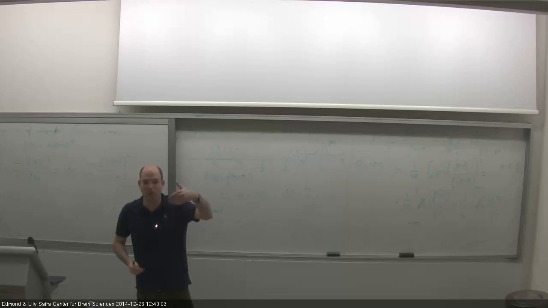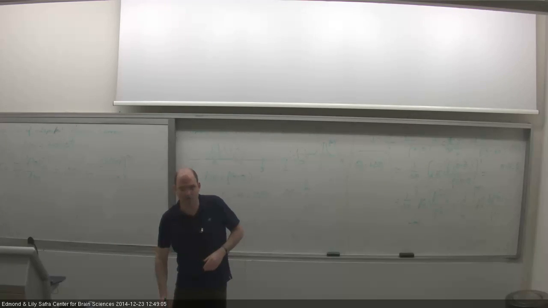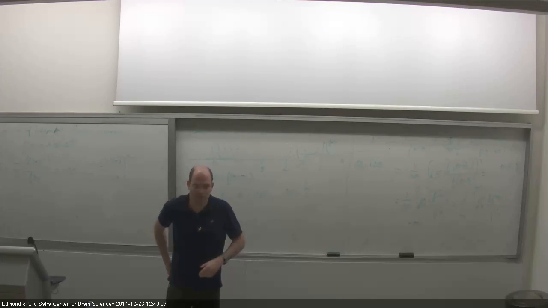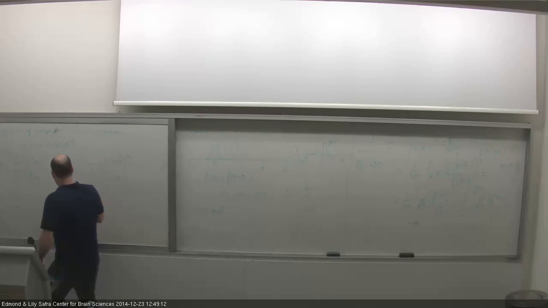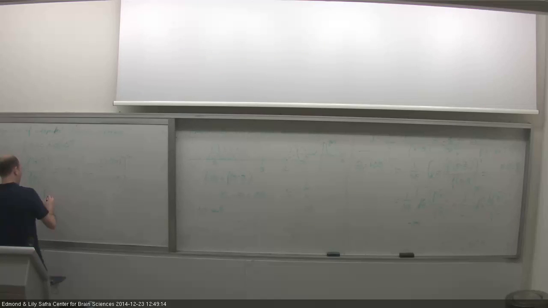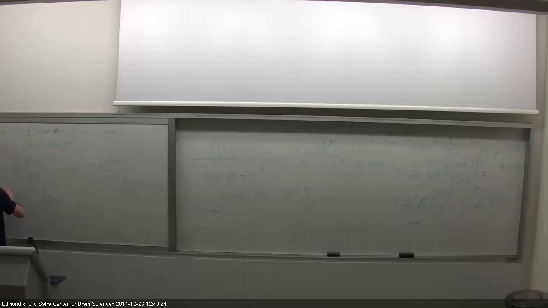It's like summing the areas under the function. This is in general: the definite integral of a function f of x dx, say from 0 to a, is by definition a limit.